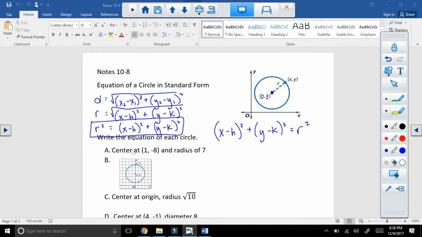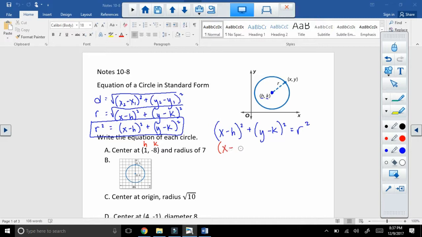So these first several things ask us to write the equation of the circle. It gives us the center point here. So this is the X value, which they use the letter H, and K would be the Y value of the center, and it gives you the radius 7. So what I'm going to do is take these points and plug them into the equation.